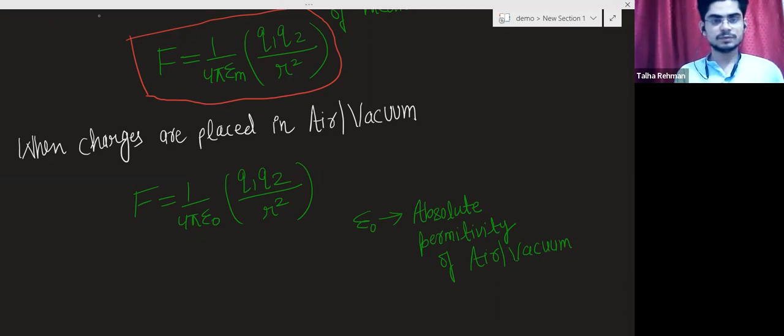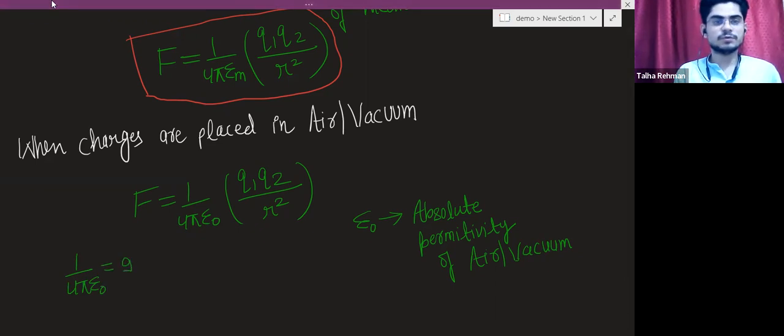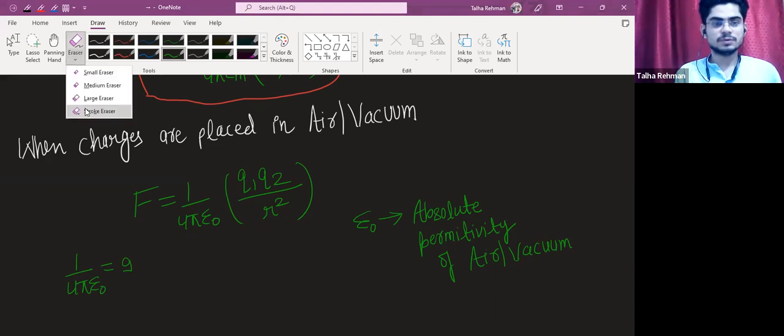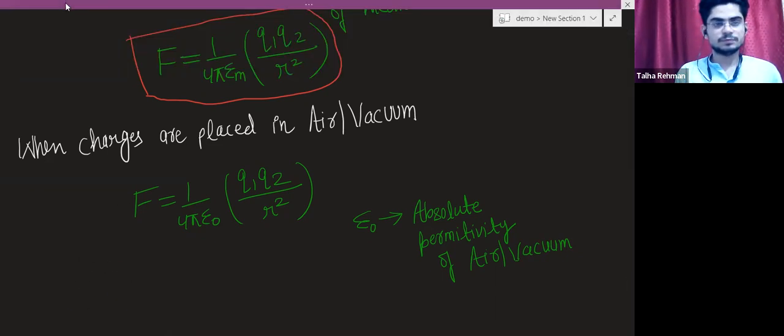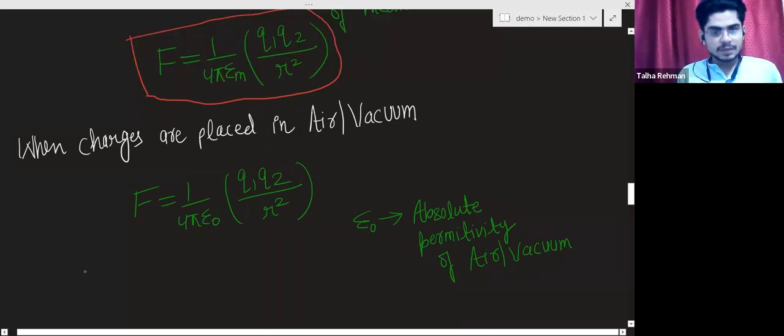And this 1 upon 4 pi epsilon naught has a value of 9. One thing I want to tell you before that: this epsilon naught has a value of 8.85 into 10 to the power minus 12.